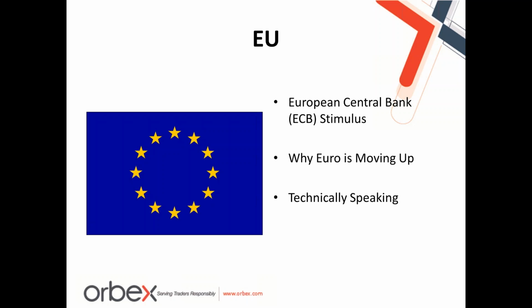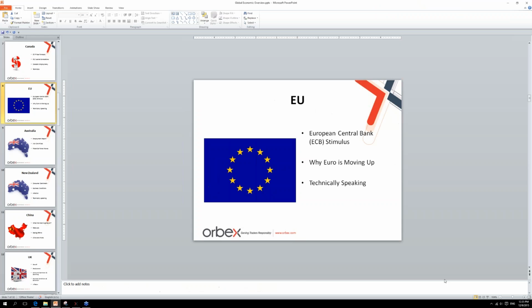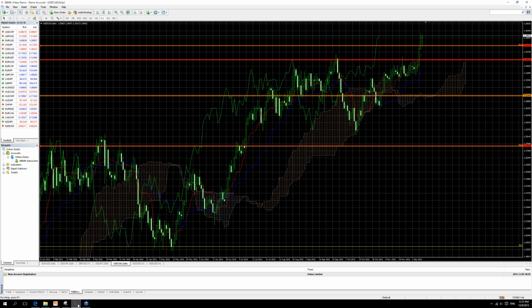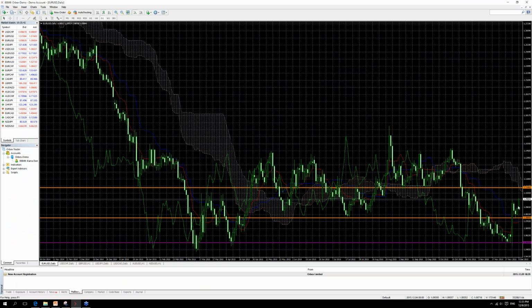So normally, when you have an interest rate cut, the euro, or the currency of that economy, would go down. But what happened with the euro was that it surged massively in one day, over 300 pips, which is crazy.